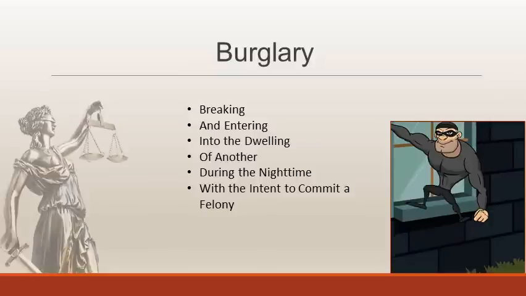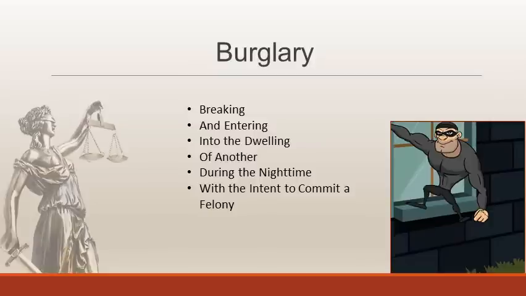The last element, which is very important, is the intent to commit a felony. So there's two parts here: the intent and the felony. With the intent to commit the felony, it's important to note, and you might want to bold this part or underline this part or put a star next to it, because I'm going to probably try to mess you up on this, that the intent to commit the felony is triggered at the time of the breaking and entering.